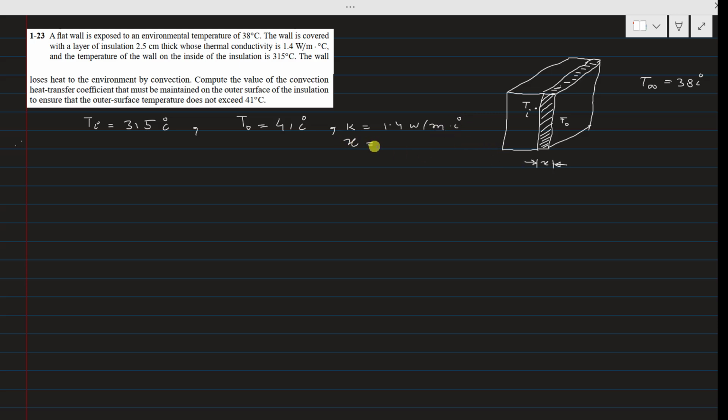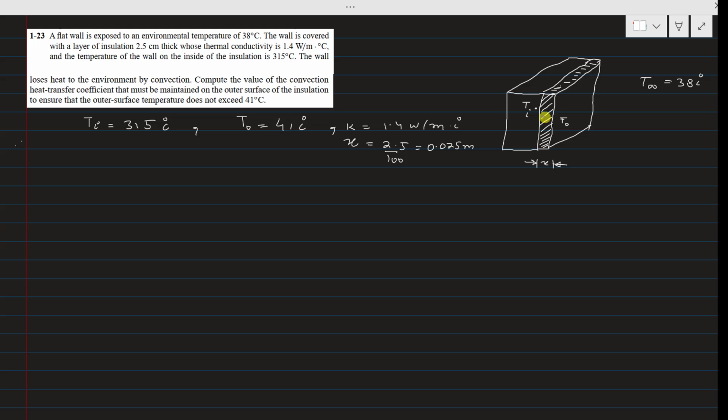And what is the thickness of this insulation? That is 2.5 centimeter. So convert it into meter, just divide it by 100, so it will convert into meter, that is 0.025 meter.